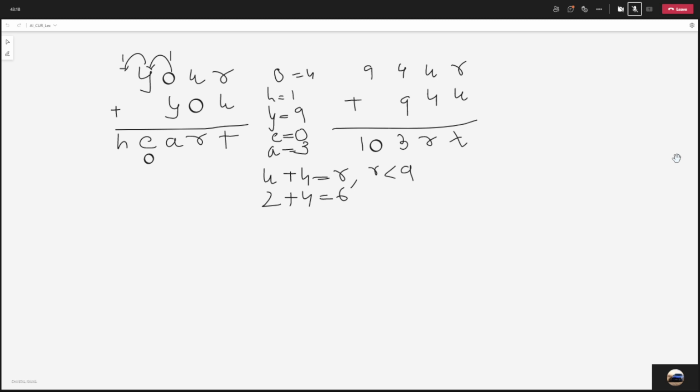So we get the value of u equals 2 and r equals 6. Substitute these values in this equation now. We get the value of t equals 8. So no conflict is there.